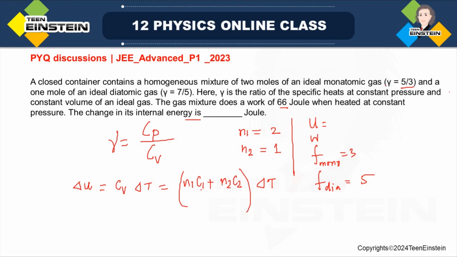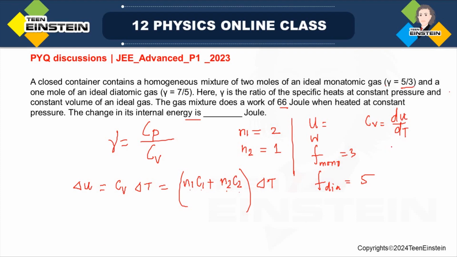Now we know what is C1, what is N1, what is N2, what is C2. C1 is actually Cv, and Cv is dU/dT, that you know.